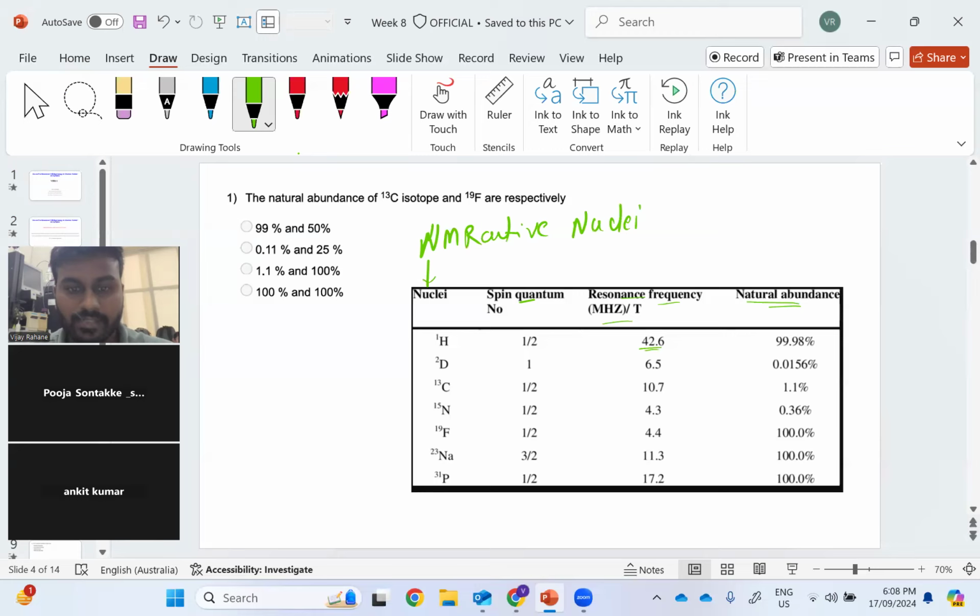For example, for 1H, the natural abundance is 99.98%.